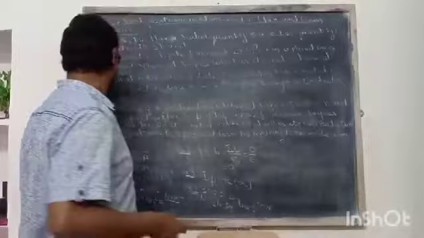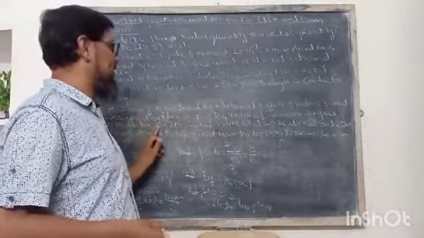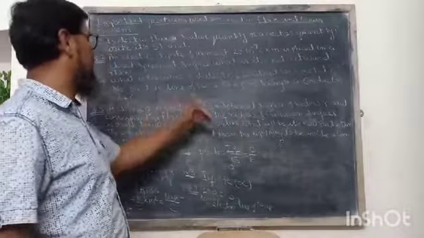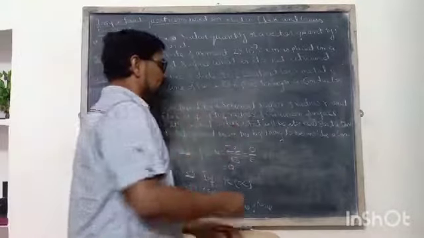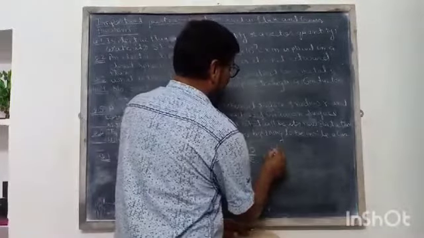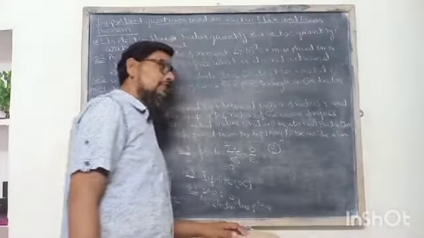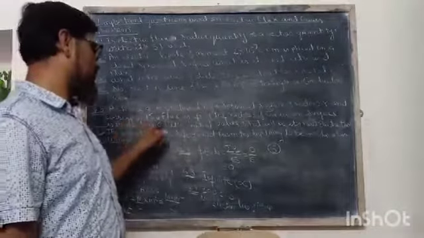So if the radius becomes twice its initial value, the net outward flux remains the same, because the charge enclosed by the surface remains the same.